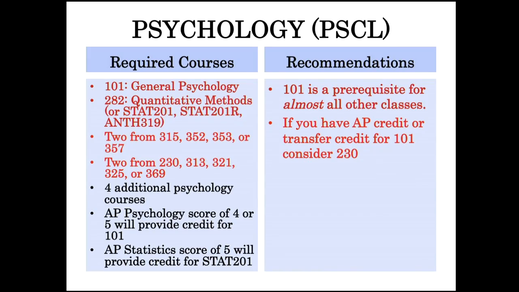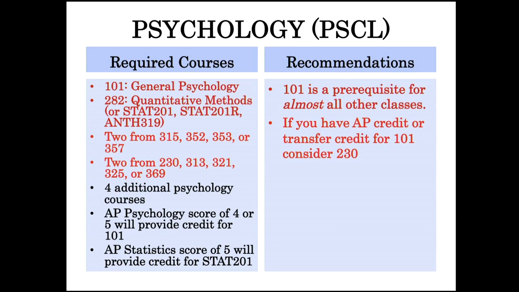So the required courses for psychology are really fairly flexible in that you must take Psychology 101, which is general psychology, and a statistics class that can be taken either within the psychology offerings or in the stat class or an anthropology statistics class. And then you need to take 2 courses from each of 2 broad areas.